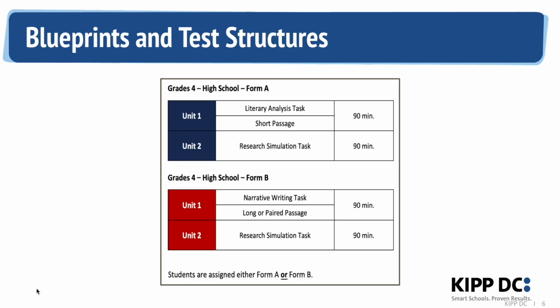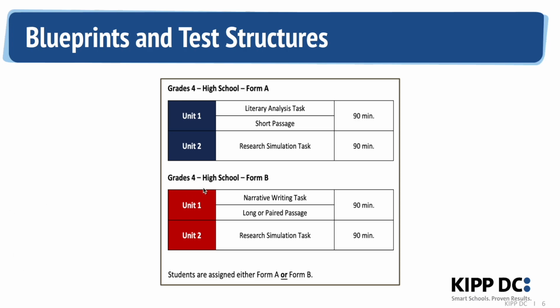Okay, let's look first at Park blueprints. For example, students will receive either Form A or Form B. What stays consistent is the research simulation task, and also that all tests are 90 minutes.